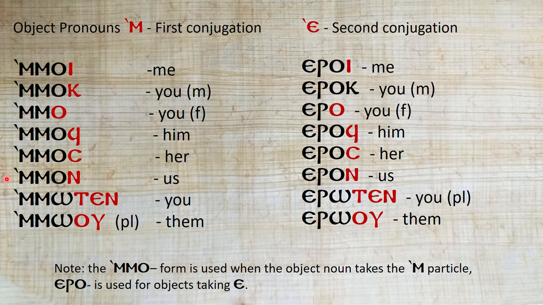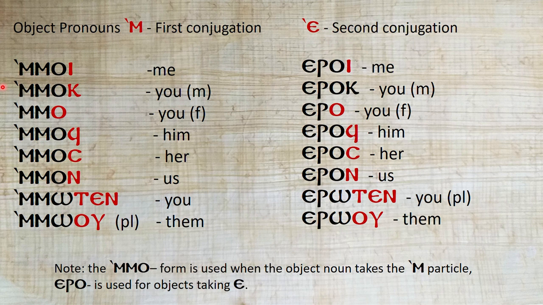Emmon is us. You can put it in any sentence that you like. And emmoden, you, plural, also ek-saun emmoden. So it's difficult to say like that, but this is easier. Emmau, plural, them. Do you know them? Ek-saun emmau.